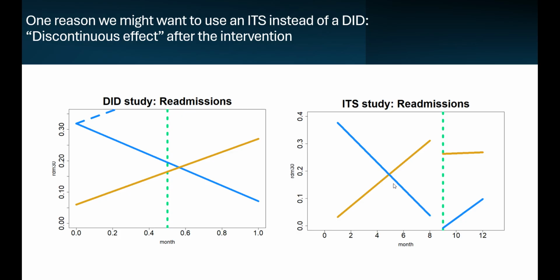So we actually have a blue trend line like we do on the left side in the differences-in-differences study. However, we're going to break up that trend line into two segments. And we're going to look at the change in where that line begins after the intervention and the change in that trend.